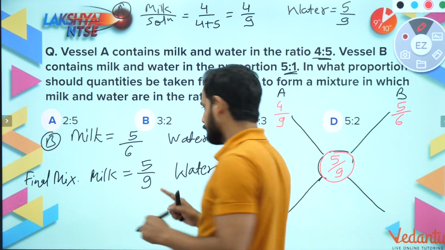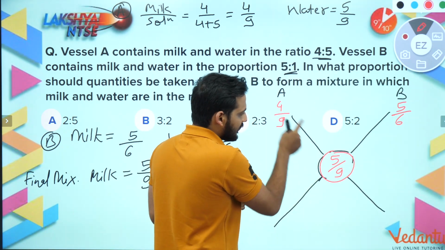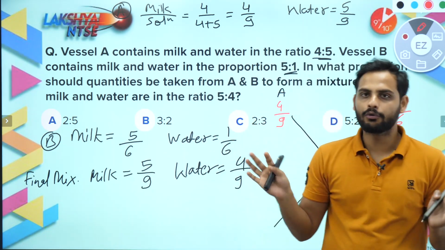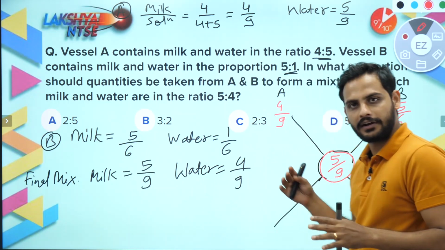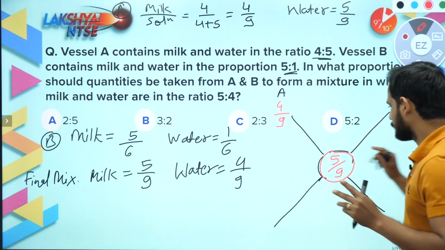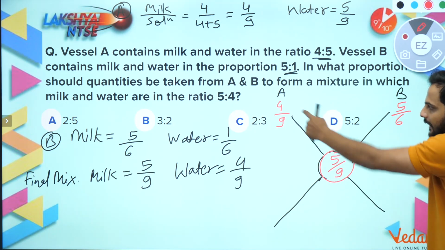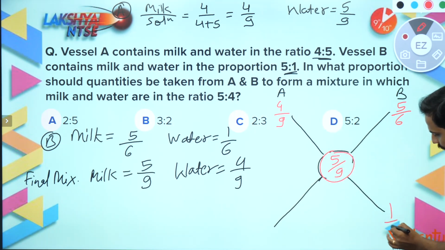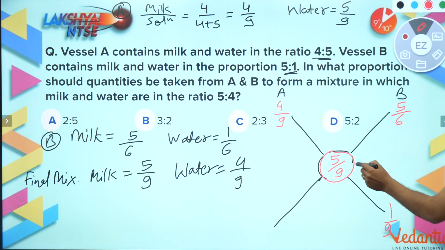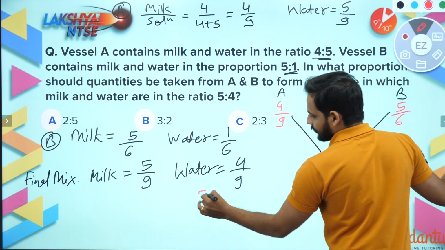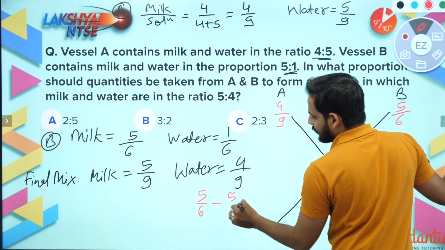Now what you will do is subtract these two, and whichever is greater, you subtract the smaller from it, because you don't want the answer to be negative. So here is 4/9, here is 5/9. If I subtract 5/9 minus 4/9, you will get 1/9. And here, 5/9 and 5/6. 5/6 is greater, so you do 5/6 minus 5/9.